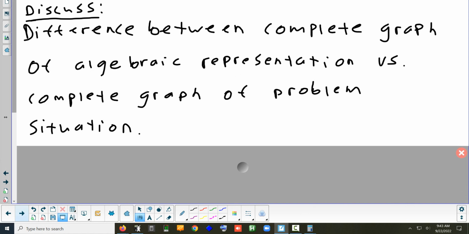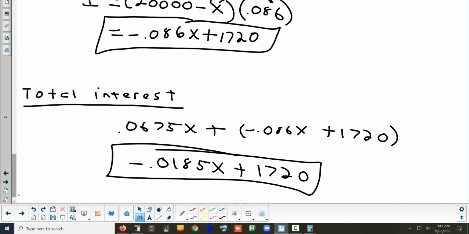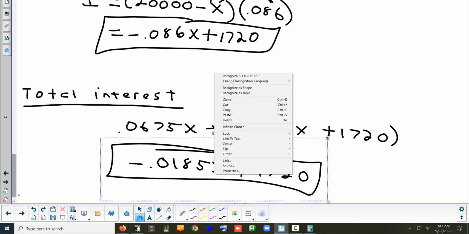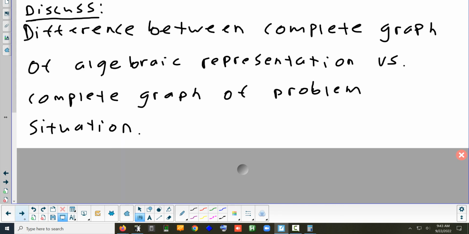Okay, so when we go to solve it, it's important we understand that only certain values make sense. Yes, algebraically, you could fill in any number you wanted for x. 12, 2 million, negative 17. But in our word problem, x is an amount of money that's invested.